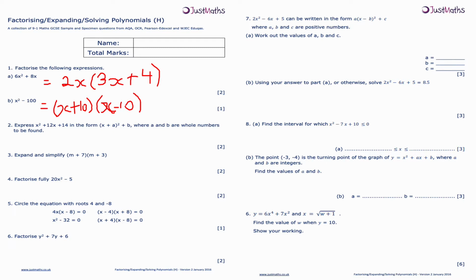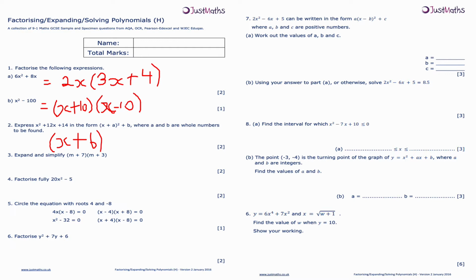Part C, express x squared plus 12x plus 14 in the form x plus a all squared plus b, where a and b are whole numbers to be found. So it's completing the square, guys. It's x plus half of the coefficient of x, so half of 12 is 6, so x plus 6 all squared, subtract 6 squared, so subtract 36, and then stick that plus 14 on at the end.